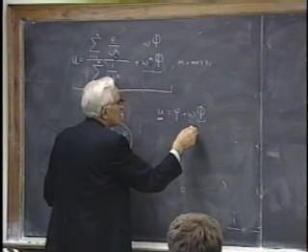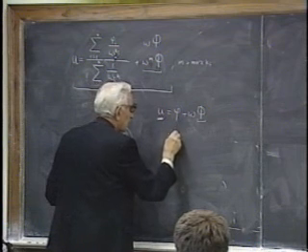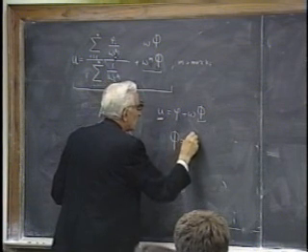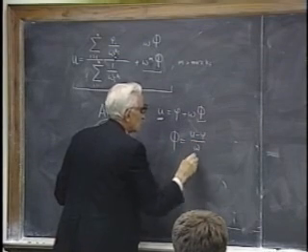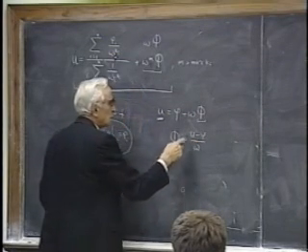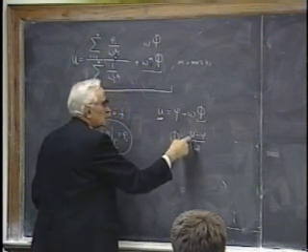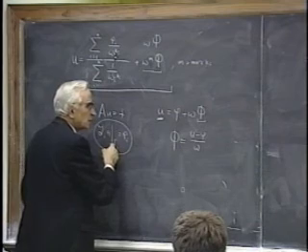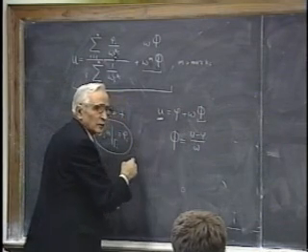Look here. If we find phi from here, we receive such formula. On the boundary, this is 0 because exact solutions satisfy boundary conditions, and these functions too satisfy this boundary condition.